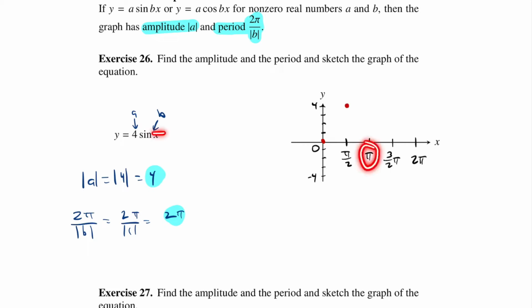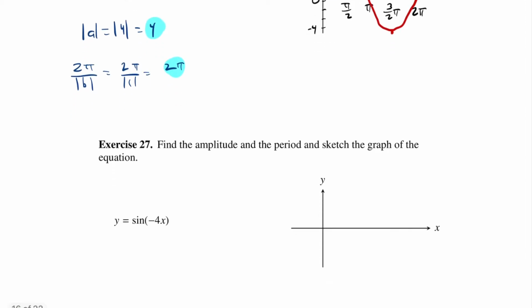The sine of pi is 0, and 0 times 4 is 0. And so on. If you substitute 3/2 pi, look at your unit circle. The sine of 3/2 pi is -1, and -1 times 4 is -4. And back to 2 pi, which is going to be 0. So that's what our graph is going to look like for that problem.